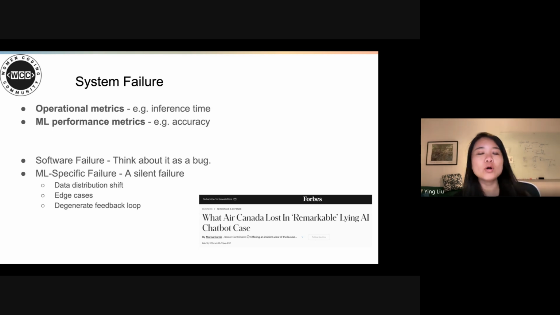But what is more dangerous would be a machine learning specific failure. They are silent failures. If your accuracy drops from 90 to 50%, the user will notice. They'll be like, okay, suddenly Netflix doesn't recommend me the movie I wanted to see.